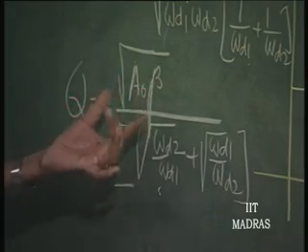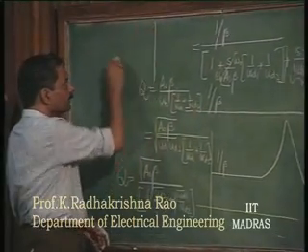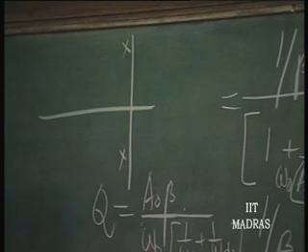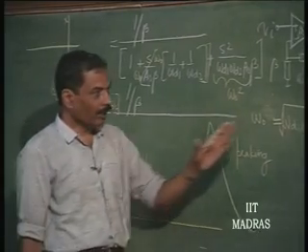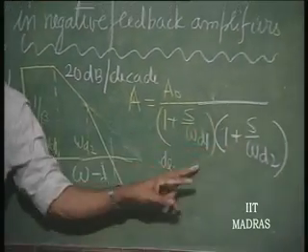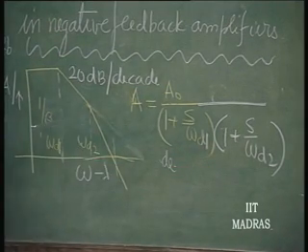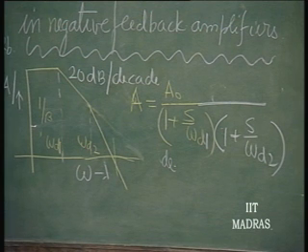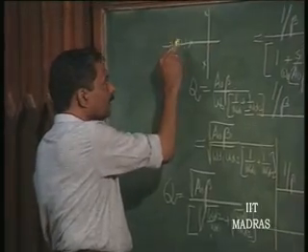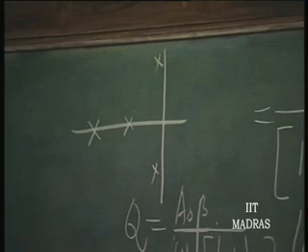If the loop gain is high, therefore, the system will have poles located pretty close to the imaginary axis. Even though the original amplifier had poles on the negative real axis, because of negative feedback for a second order system like this, the poles will now shift and go to a complex conjugate pair, right, if A naught beta is high.